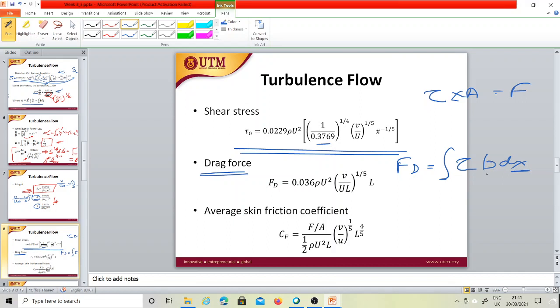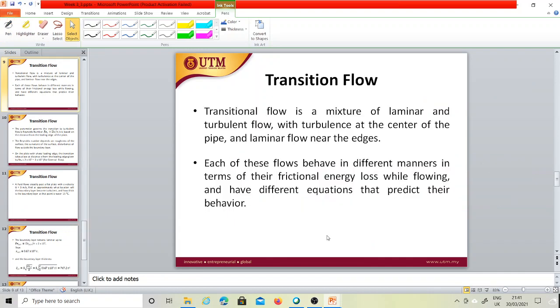Sometimes b is unit width, so b is 1, and you just need to integrate tau with respect to x, from 0 to L throughout the whole length. So that's why we have L here; wherever you have x, you replace it by L, and then you can have this expression for the average friction. I think something is wrong here; anyway, we will see the equations later when we solve the problems.